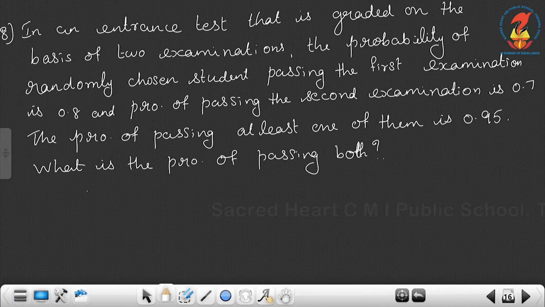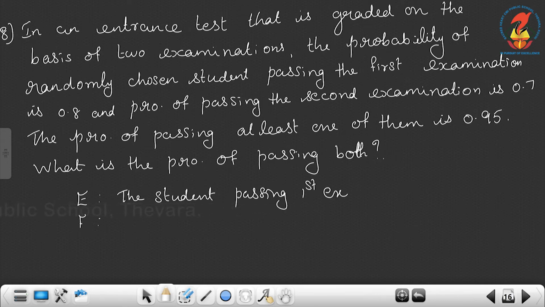So we have to define the events. Let E and F be events. E means the student passes the first examination. F means passing the second examination.